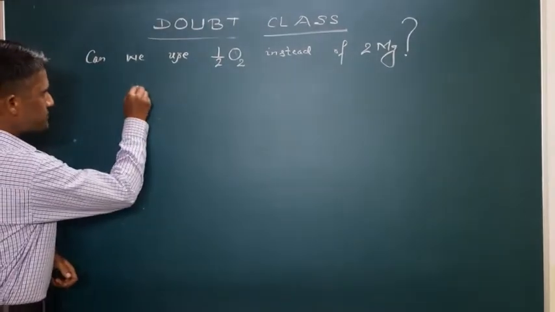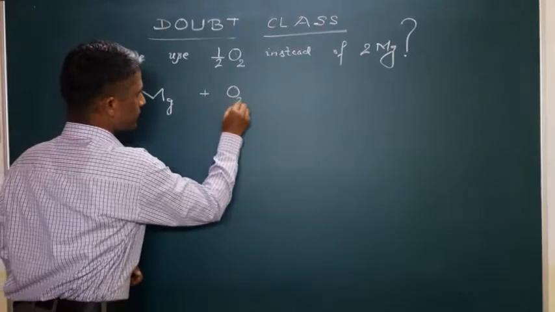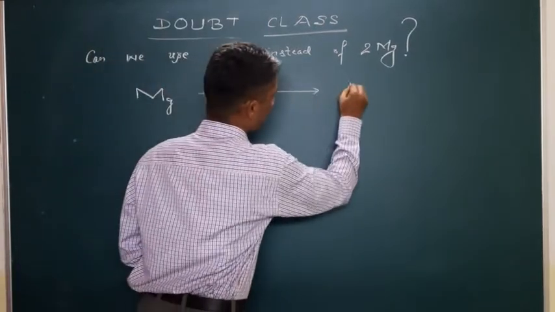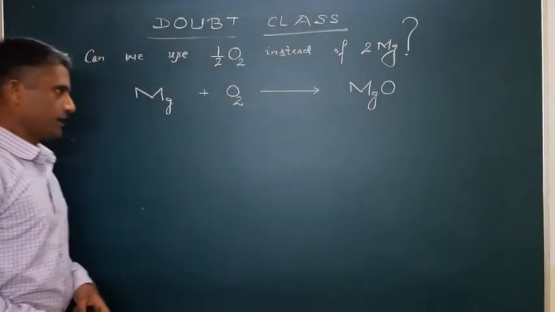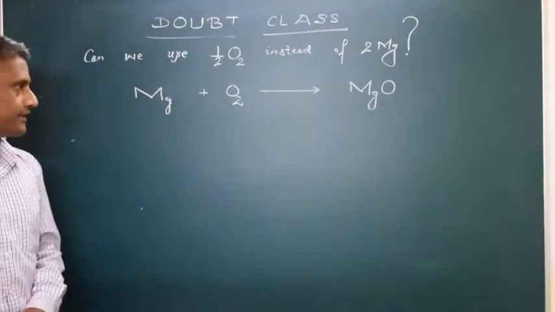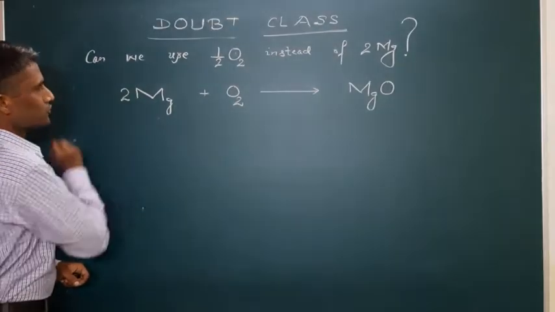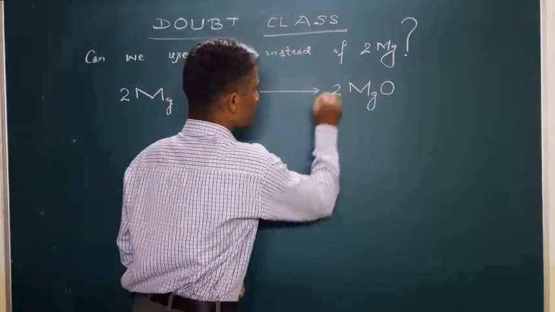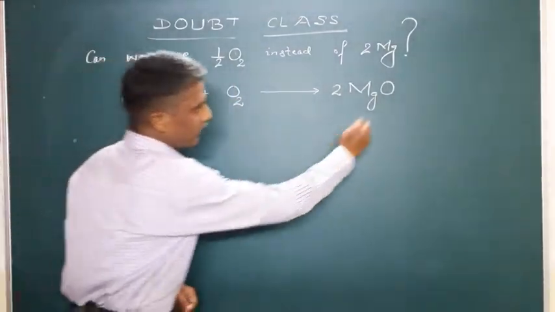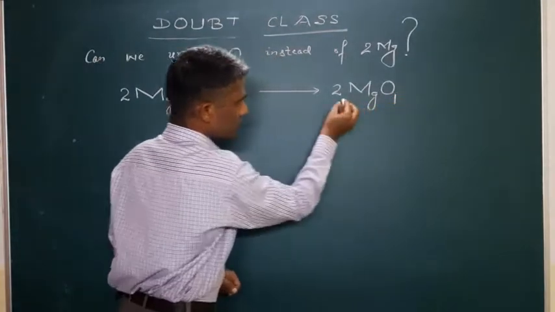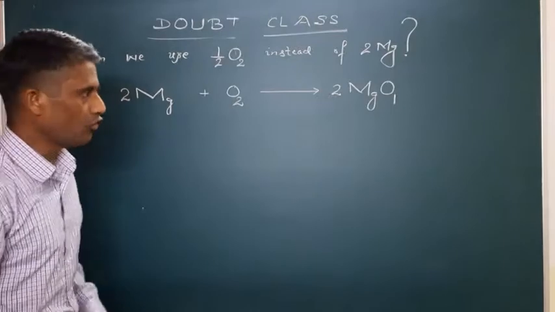So Mg reacting with oxygen to give MgO. There is a way to balance a chemical equation. Oxygen is having two atoms here, while on the product side oxygen is having only one, so we have multiplied this whole MgO by 2.